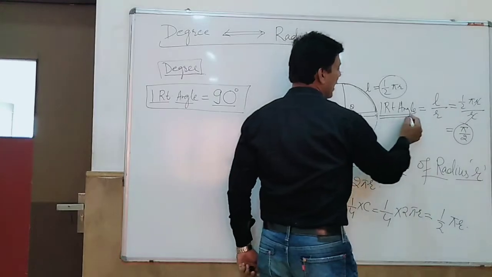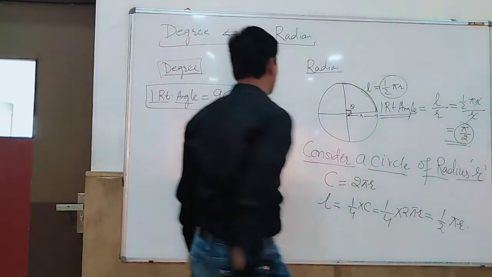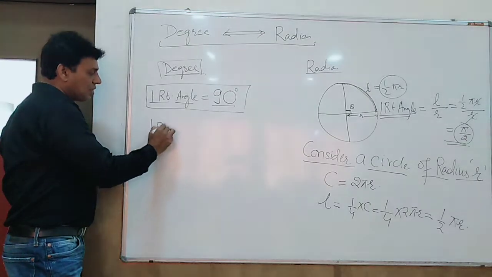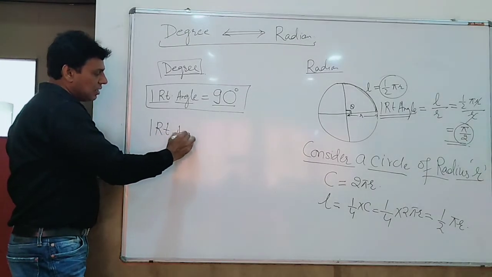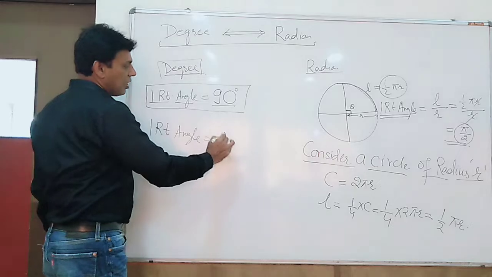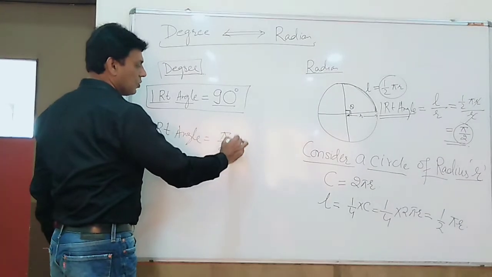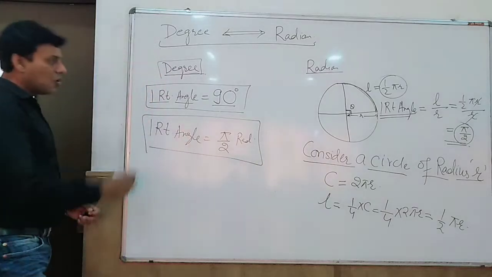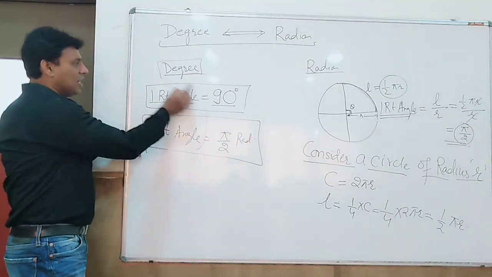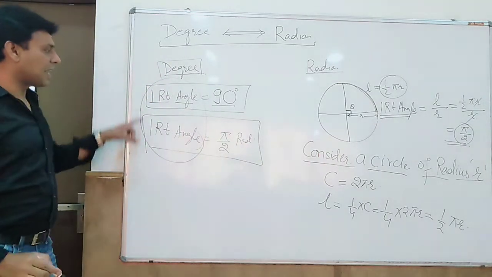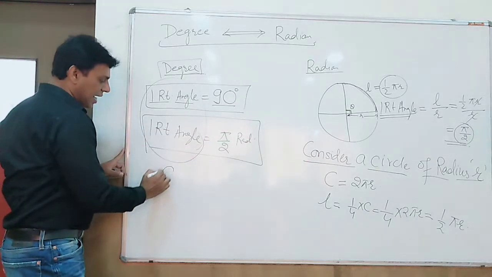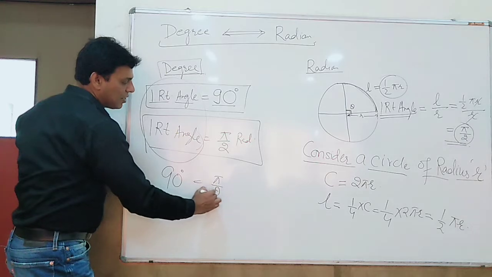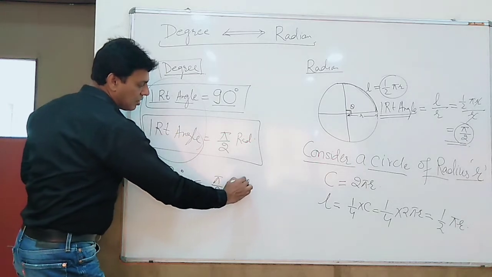So in the radian system, one right angle is equal to pi by 2 radian. Now if we compare, on the left hand side both are right angles. It means 90 degree equals pi by 2 radian.